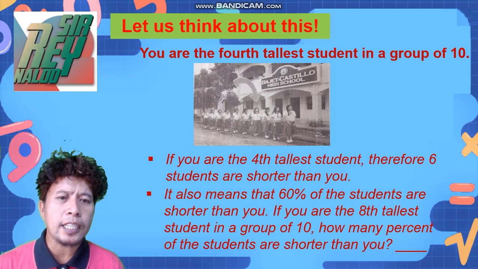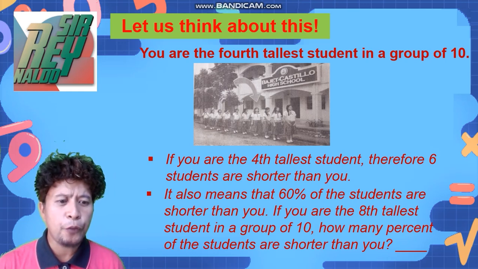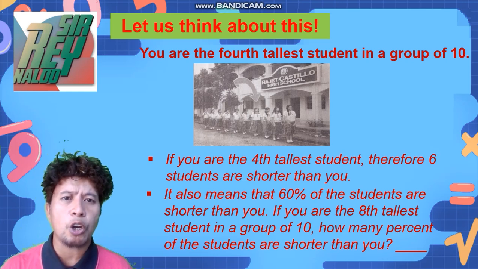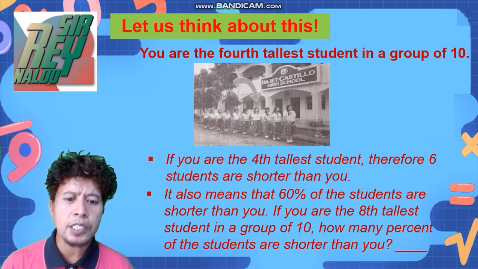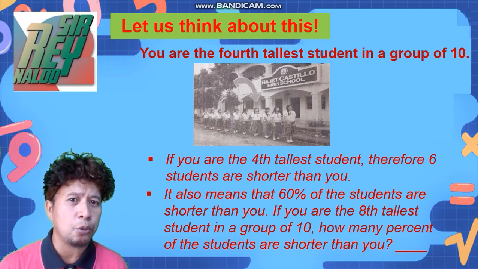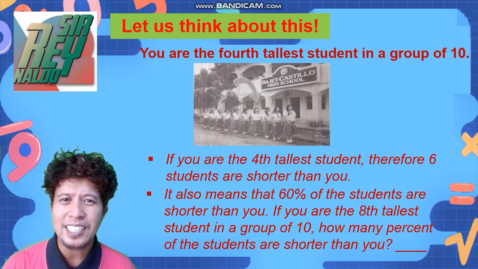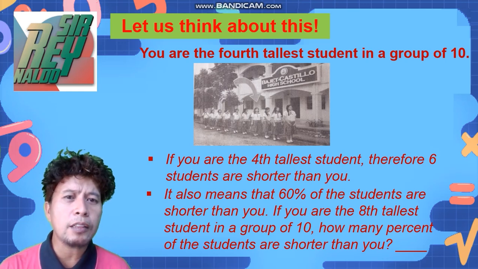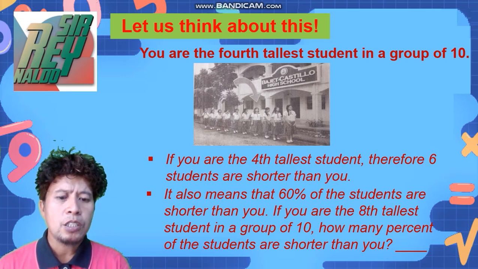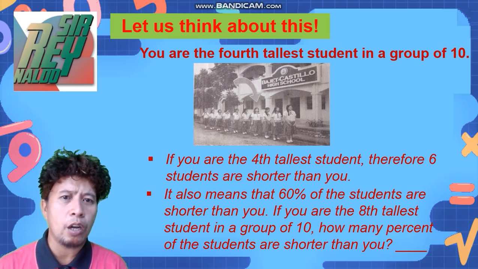It also means that 60% of the students are shorter than you. If you are the 8th tallest student in a group of 10, how many percent of the students are shorter than you? Okay, let's have any guess. If you are the 8th tallest student, there are 20% of the students that are shorter than you.